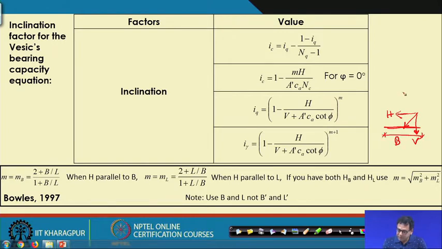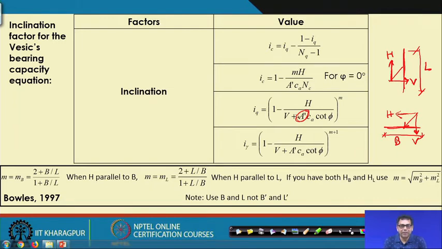Now, if your horizontal component is parallel to the length axis, then you have to use this other expression. But remember that when I calculate m, we have to use the actual dimensions of the footing, that means B and L, but we have to use the effective area when we calculate the inclination.